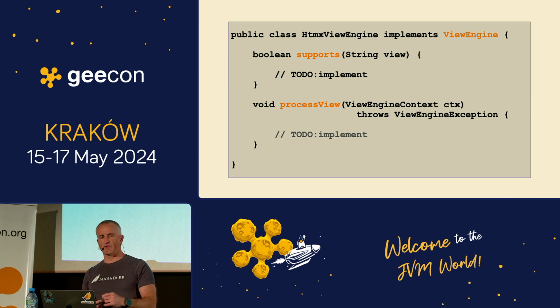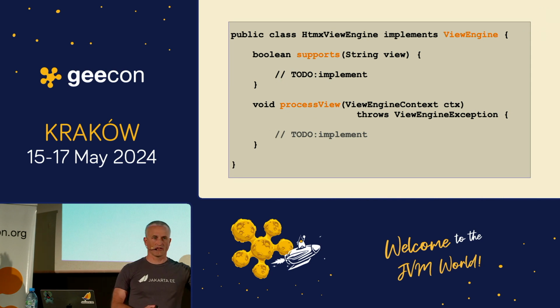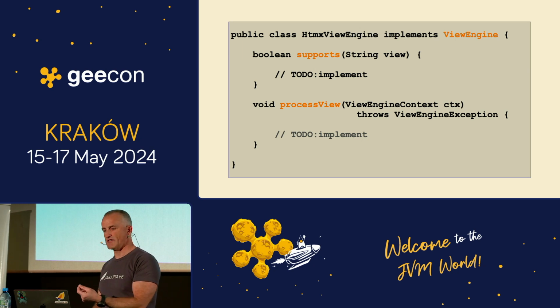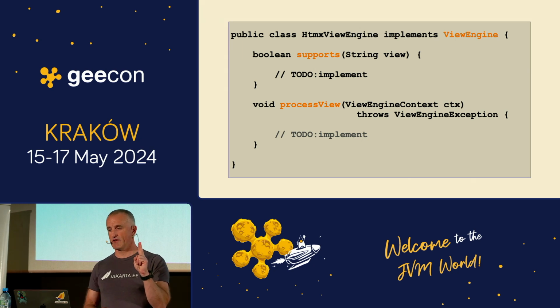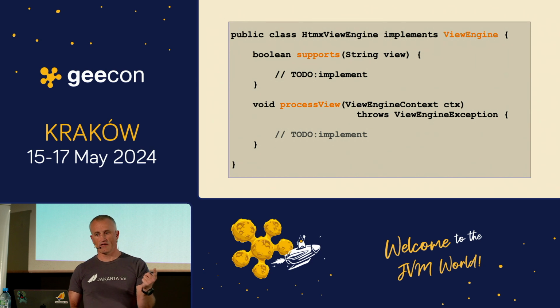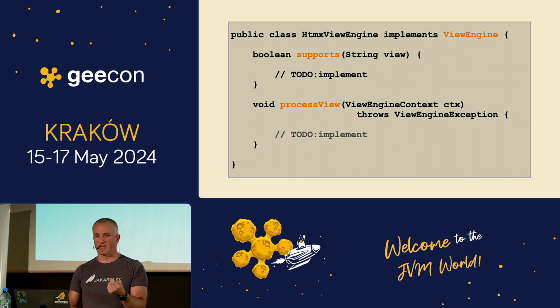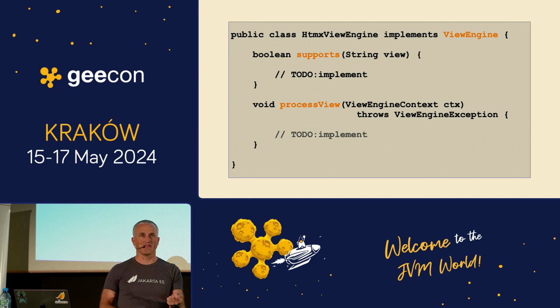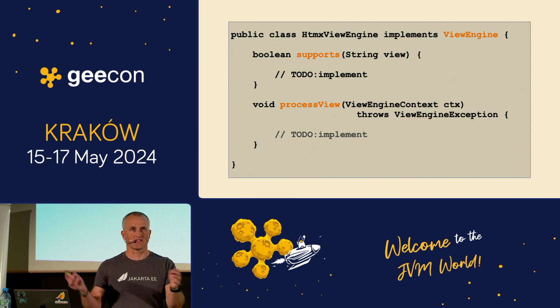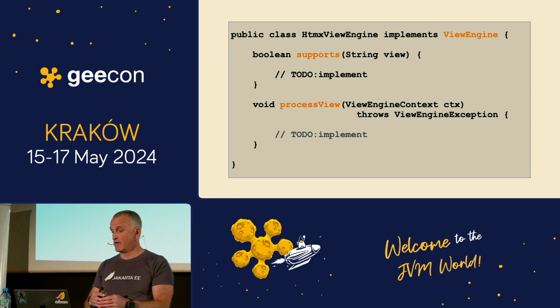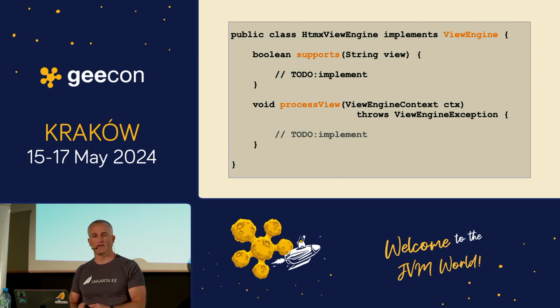The way you would typically do that is to create an HTMX view engine, or call it whatever you want, and implement the MVC ViewEngine interface that has two methods: supports and processView. The supports could be as simple as checking the file ending of the view string you send in. If it's the HTMX file ending, then go for it. And then you have the processView where you call whatever they do.